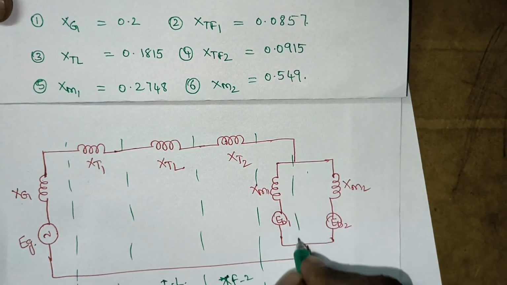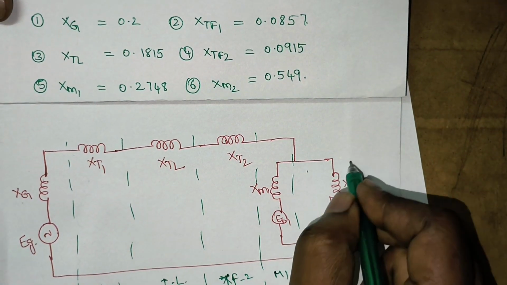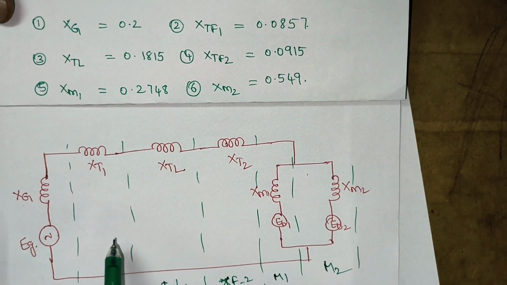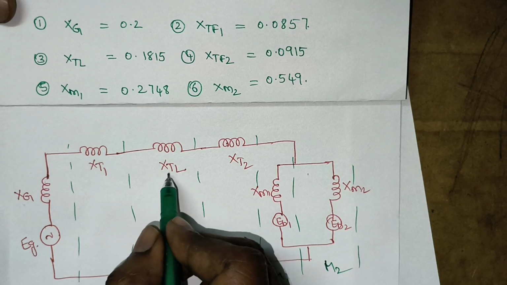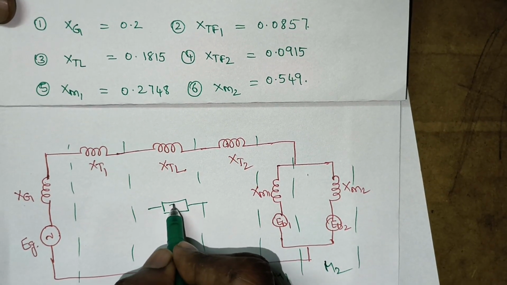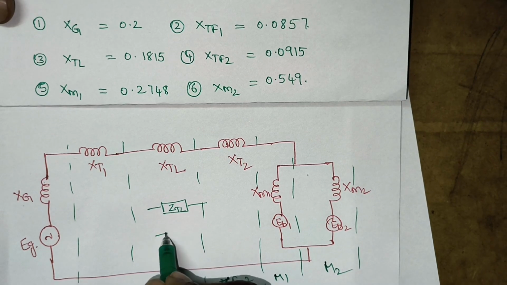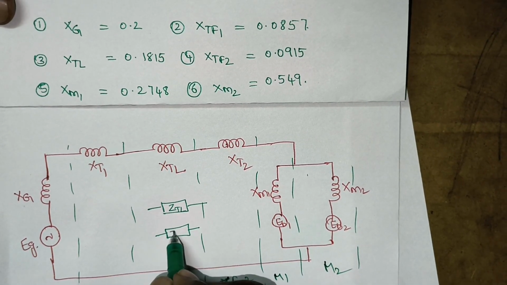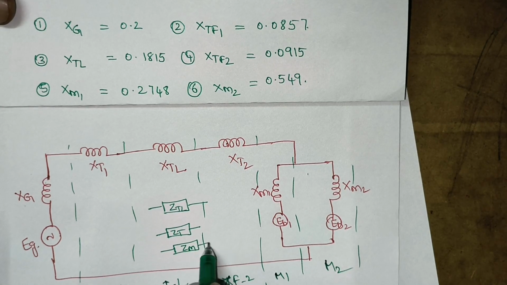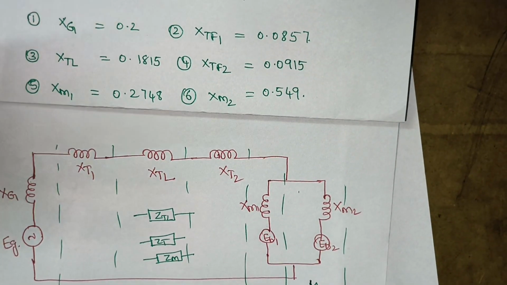Next, this will be motor 1 and this is motor 2. And if they ask to draw the impedance diagram, these can be replaced with the impedance symbol, like ZTL or ZT1 or ZM, or ZG.